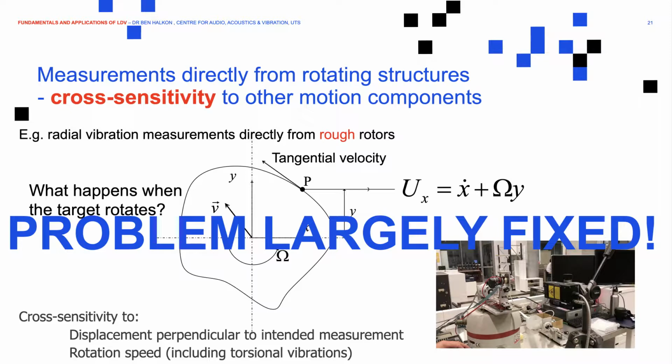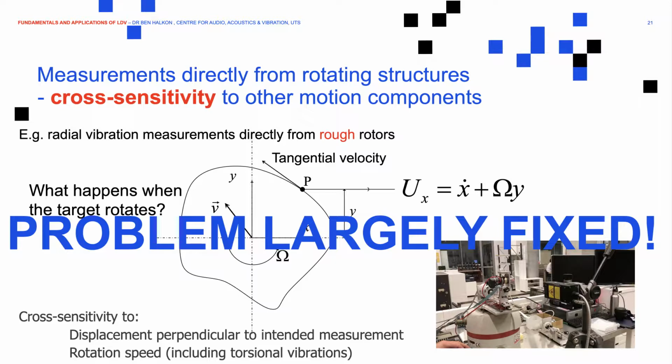If this starts to rotate as well, then we become sensitive to the component of the tangential velocity in that direction. Okay? If the system vibrates up and down too, essentially the tangential velocity changes position like this. Okay? And that's why we become sensitive to the product of the rotational frequency and the vibration displacement in the y direction.